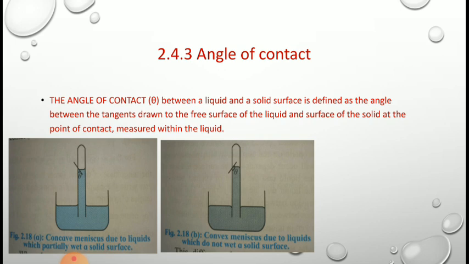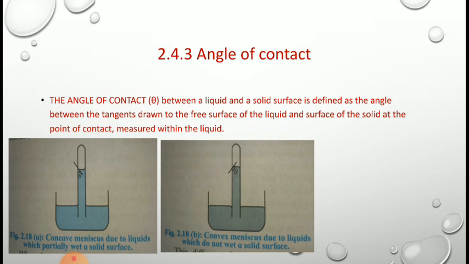In the second figure, the angle of contact is obtuse. It forms a convex meniscus. For example, the water-glass interface forms a concave meniscus and the mercury-glass interface forms a convex meniscus.